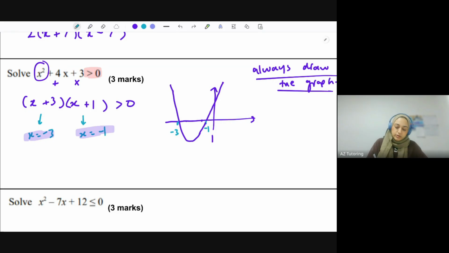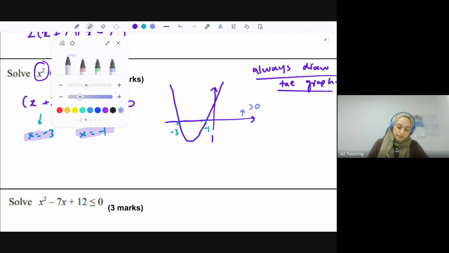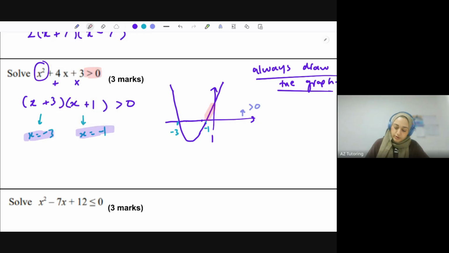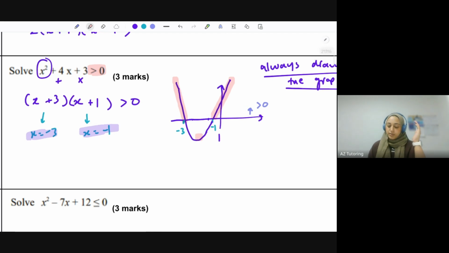If the question said less than 0, I'd be looking below the x-axis. So I need to find where the graph is above the x-axis. I can see it's more than 0 here and here, because those two sections are above the x-axis. This part here is below, so it's not that part.